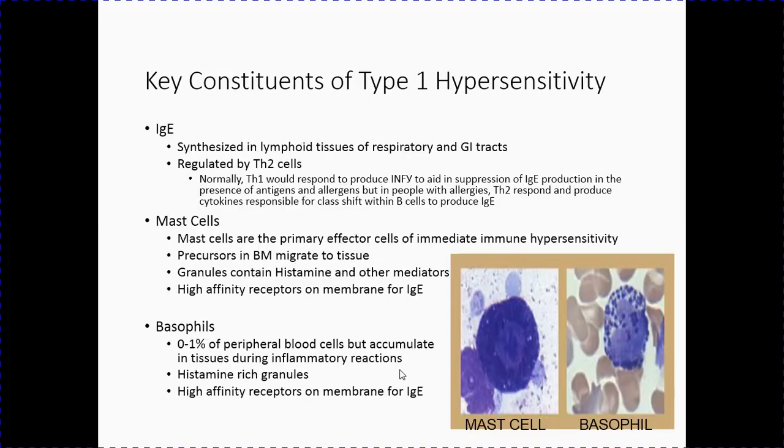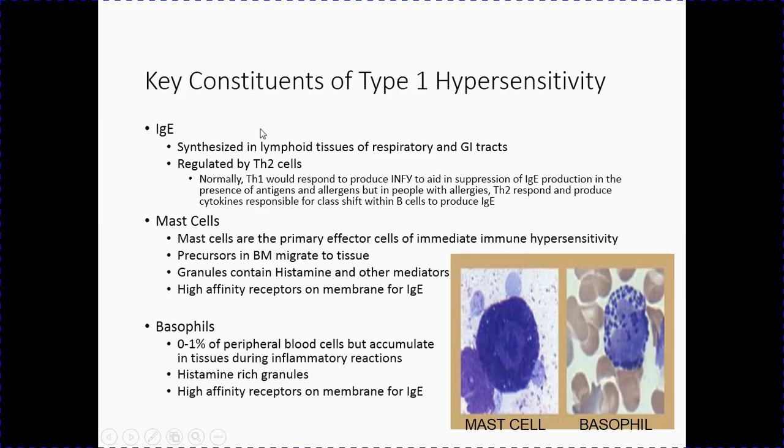Let's look at some of the key constituents of type 1 hypersensitivity. We're going to be looking at the fact that this is primarily an IgE antibody that's involved in type 1 hypersensitivity. Remember, this is the allergies, right? What do we remember about IgE?